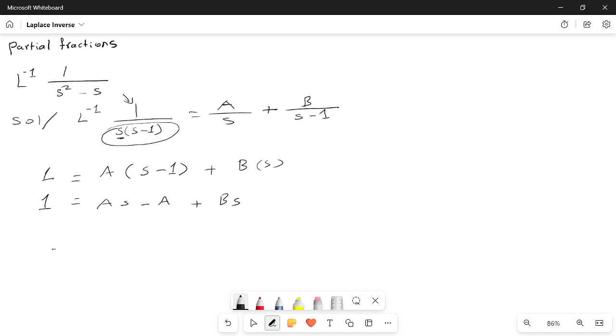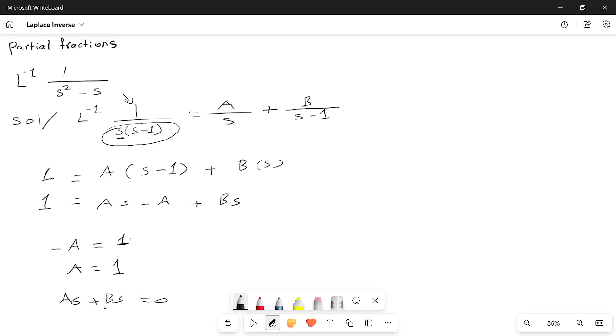Now we find the values of the constants A and B. So minus A equals 1, so A is equal to negative 1. As plus Bs is equal to 0, since we don't have something multiplied by s on the left hand side.